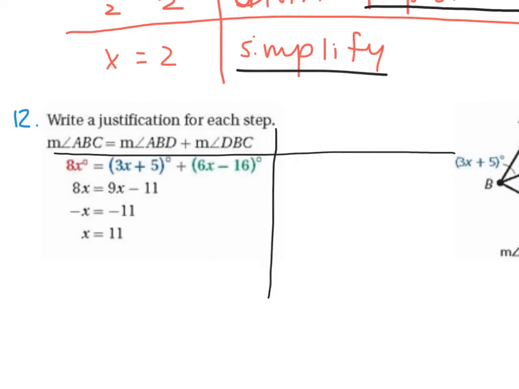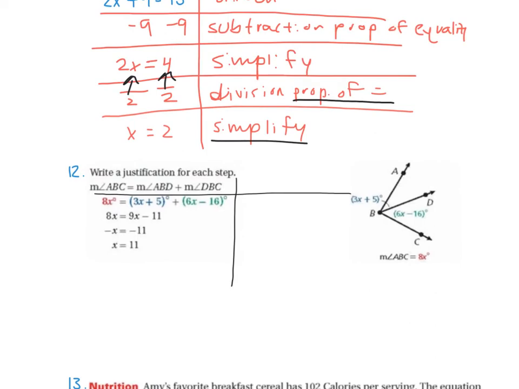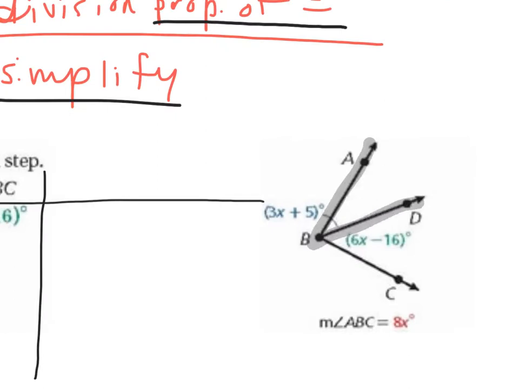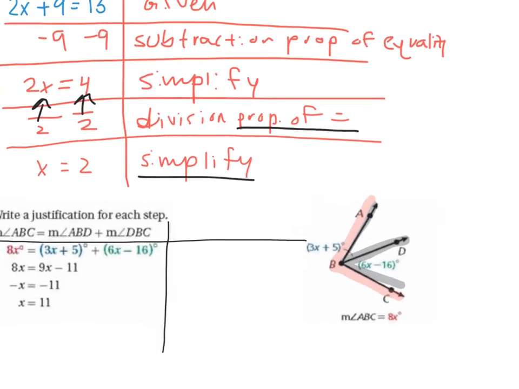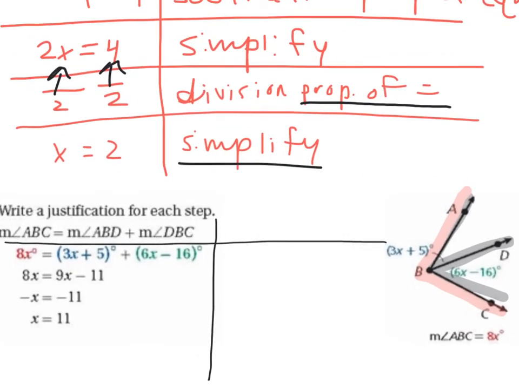So the first step would be angle addition postulate, because we know the angle addition postulate is when you add the two smaller angles that share a side and that are contained within the larger angle. So this is, for step 1, the angle addition postulate.